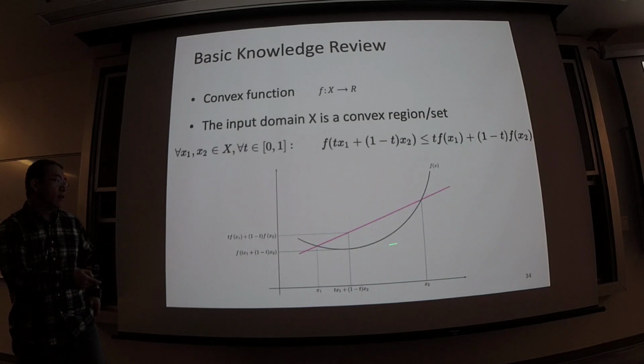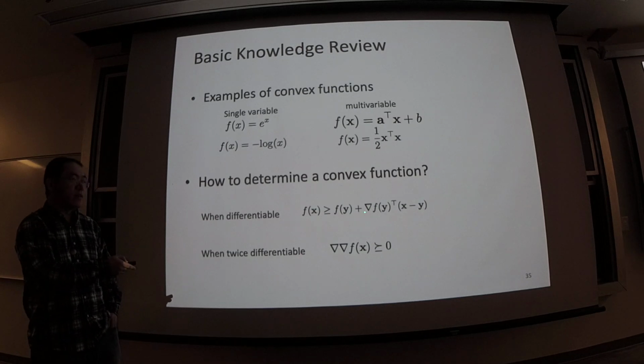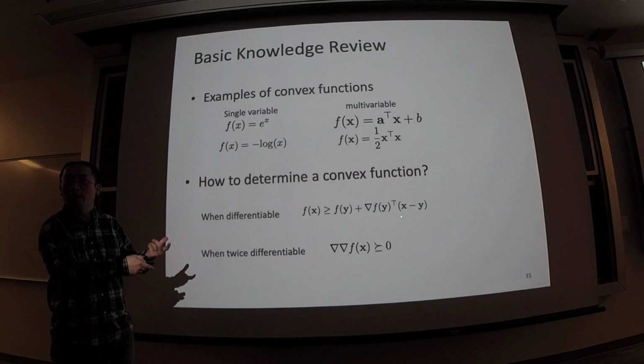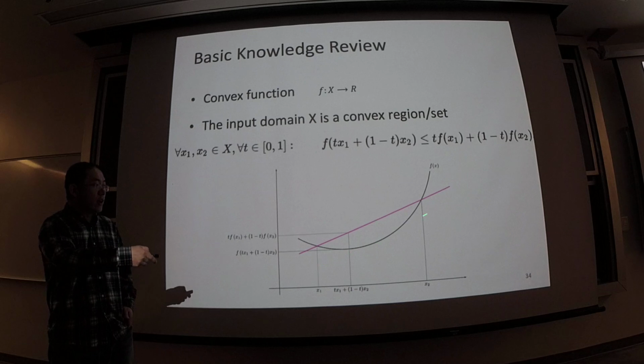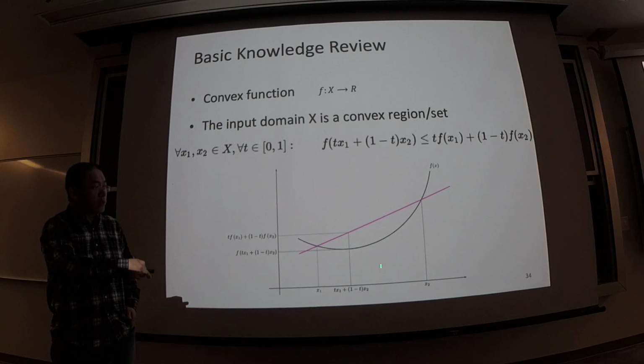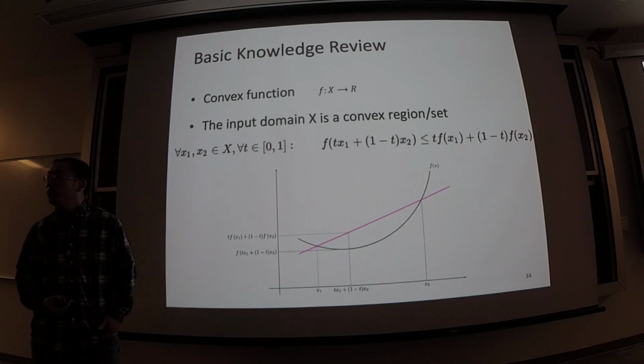If you go back, the right-hand side is f(y) plus the inner product between the gradient and x minus y, which is actually a tangent line crossing the particular input y, right? So it requires that for any x, f(x) must be bigger than this line. It just means the whole curve must stay above its tangent line.